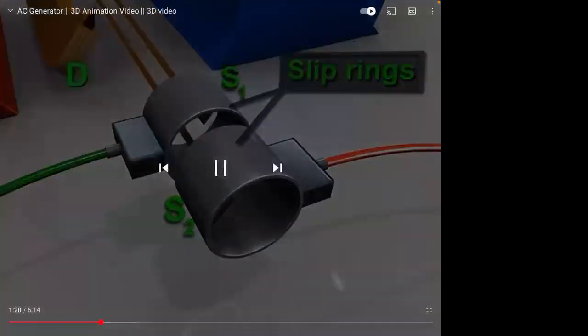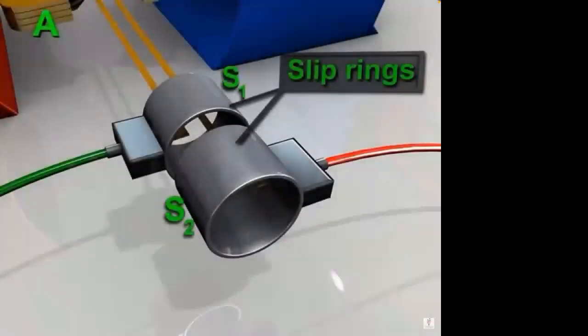Two slip rings S1 and S2. If you observe the slip rings, they are not split rings, okay? They are two different rings which are called slip rings. Can you guess why slip rings are used? To measure the EMF? Split rings are used?